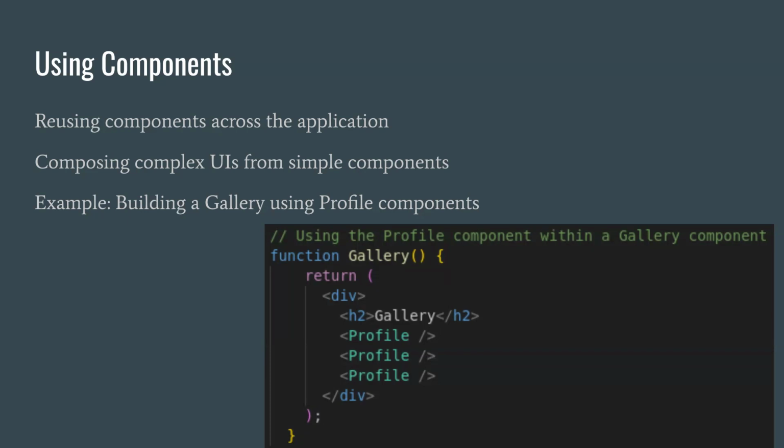So in React, we can compose components to build a more complex UI. If you look at this example, our gallery component can serve as a canvas for multiple profile components, as you can see.